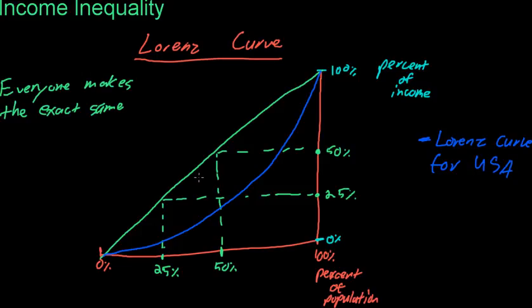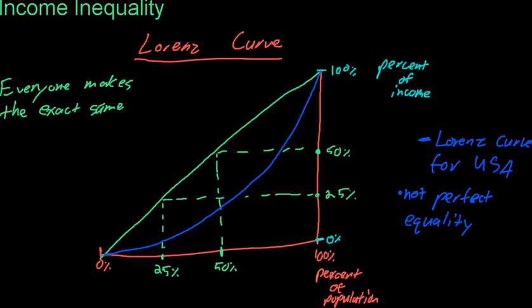So here's the way you look at this then. Because it's underneath the line of perfect income equality, there is not perfect equality, and I'm going to go ahead and show you why in just one second. So let's go look at that before we move on.